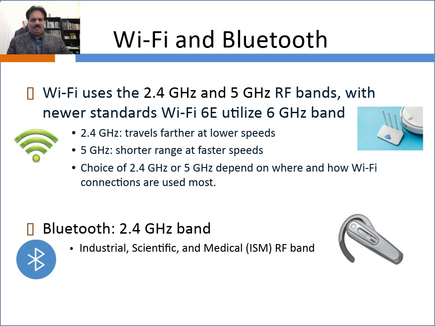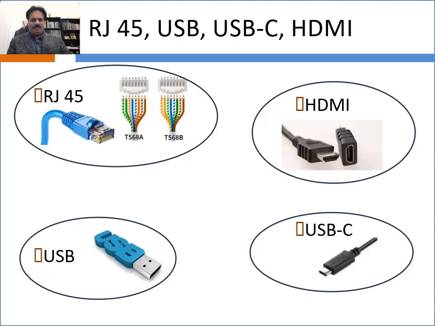The choice of 2.4 gigahertz or 5 gigahertz depends on where and how Wi-Fi connections are used most of the time. Bluetooth is another standard. It uses the 2.4 gigahertz band, which is called the industrial, scientific, and medical RF band. These two standards, Wi-Fi and Bluetooth, are actually not RS232. These are completely different wireless standards.